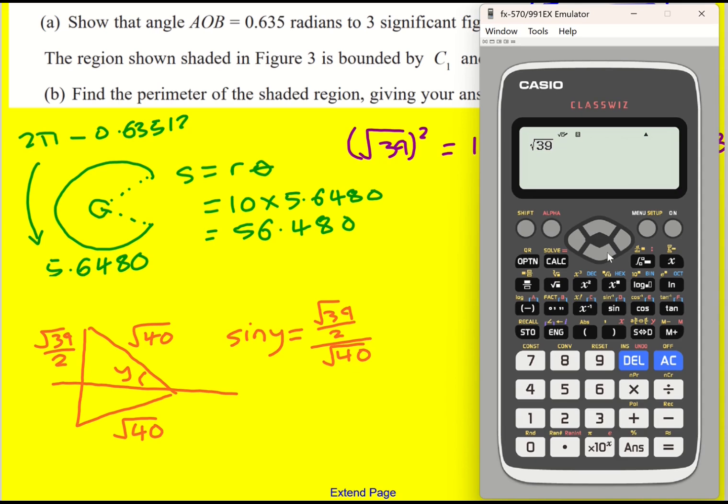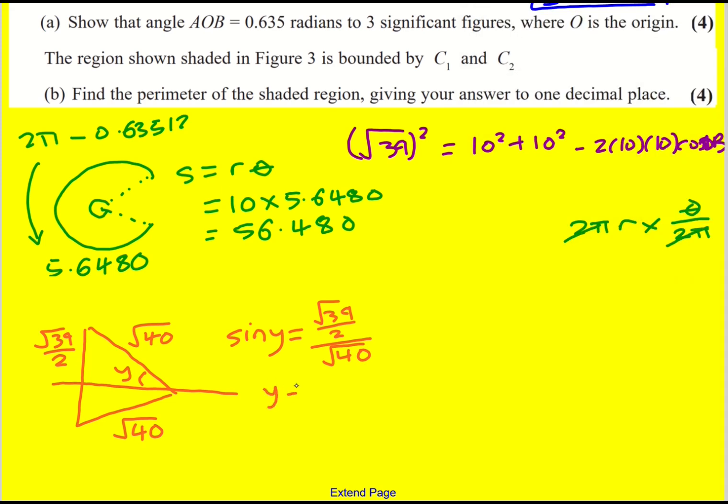Again, you could use the cosine rule, but this approach, if you can spot it, is going to be a little bit quicker. And then I'm not going to write down what that is. I'm just going to go straight for it. Inverse sine gives me 0.51635.